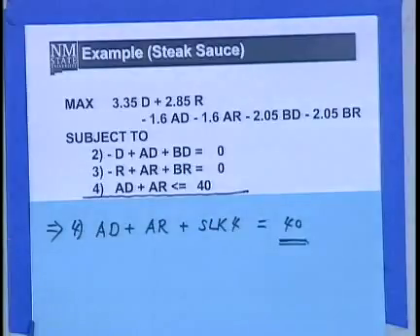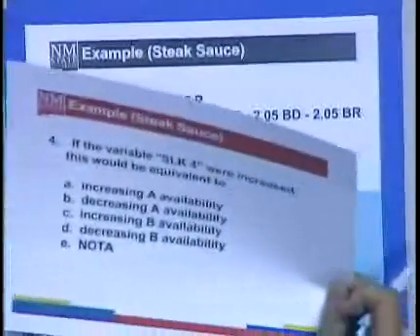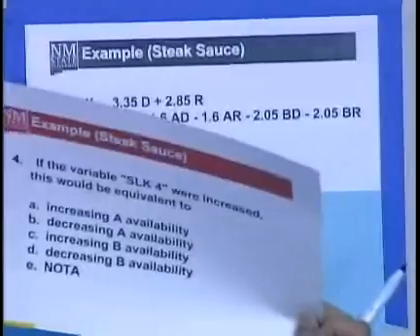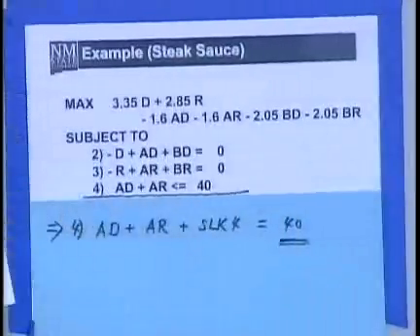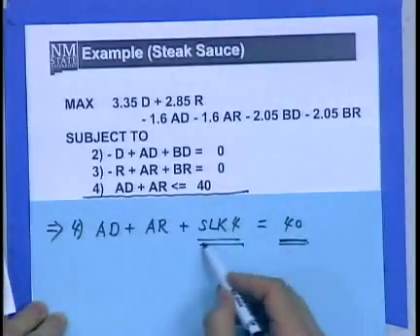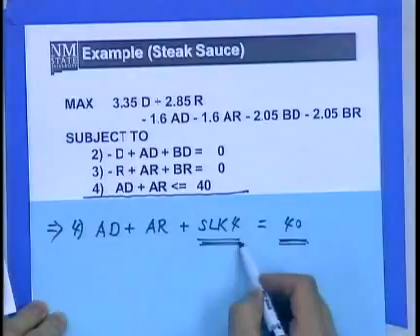Hold on a second, please. What was the question? Okay. If the variable slack 4 were increased, what is the equivalent to this? Okay, then what is slack 4? Slack 4 is the unused amount of ingredient A, right?